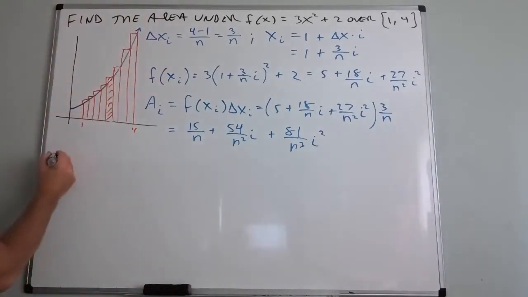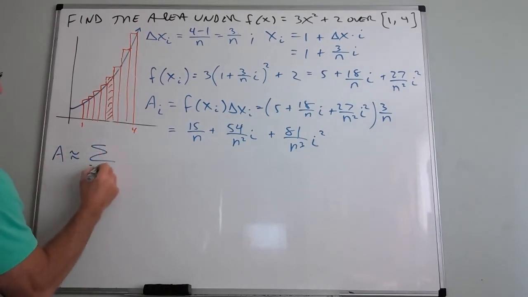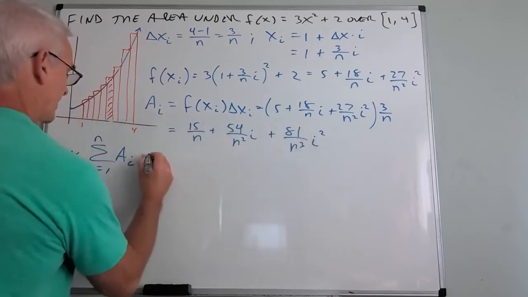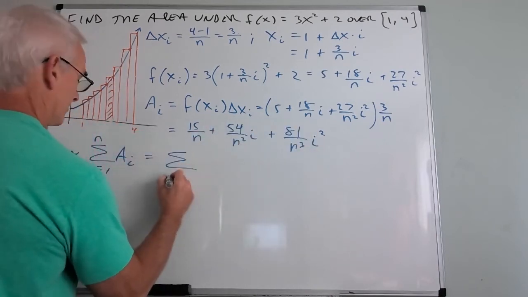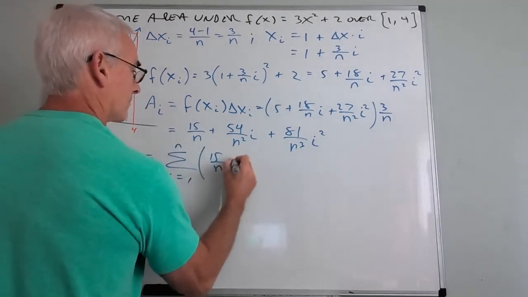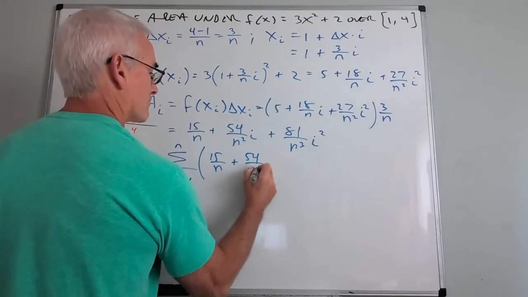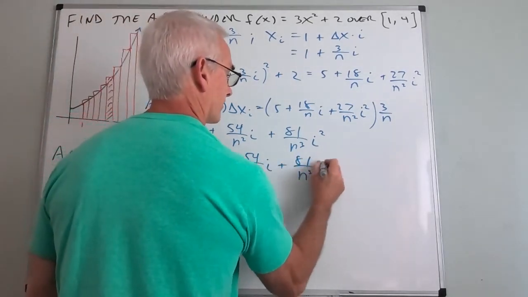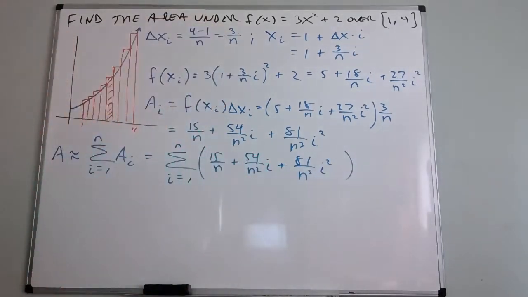So finally, I can say that area, which is an estimation of this, well, let me just throw those guys in there. Okay, whatever that is, that's my estimation of the area.